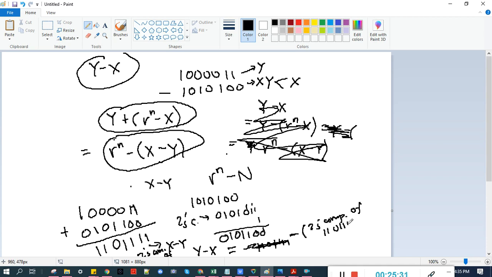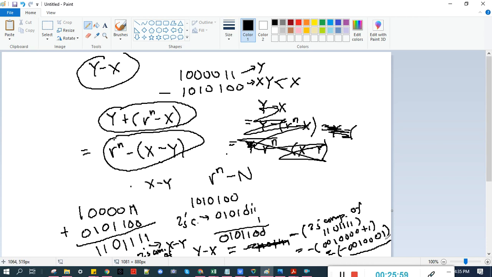110, 1111. So invert every bit, so negative of 001, 000, 0 plus 1. So this is equal to negative 001, 00, 01.